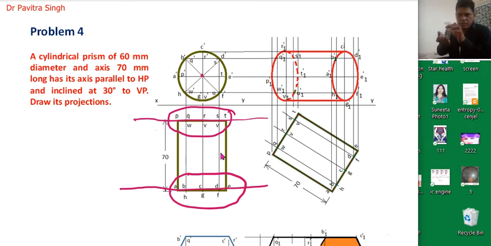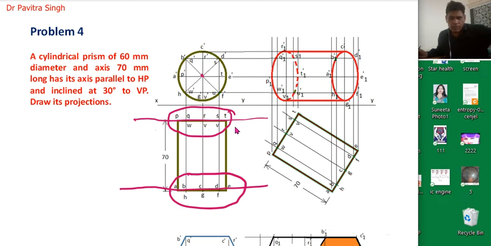So for the first surface we have taken P, Q, R, S, T, U, V, W as points, and similarly for the other surface. So actually we will focus first on one surface. First we will draw this line which is parallel to the vertical plane.